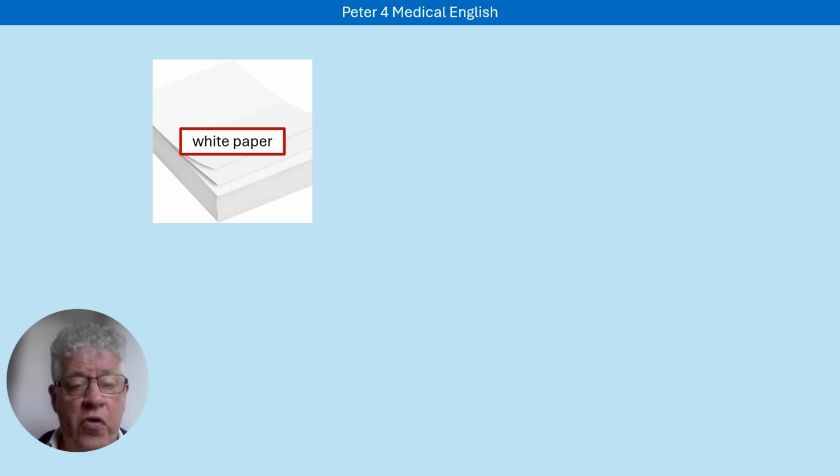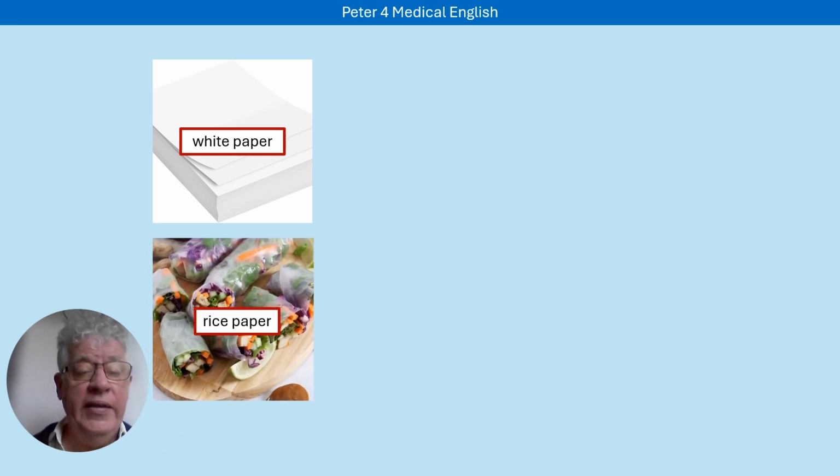This is different from rice paper. Rice appears to be in the same position as white, same position in the word, but rice is a noun and paper is a noun. Rice paper describes a type of paper, in this case used in cooking.